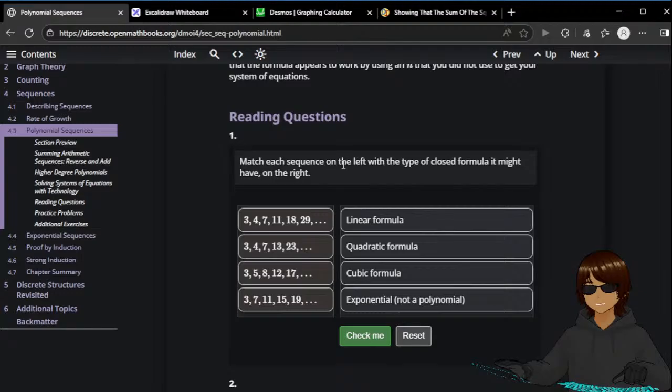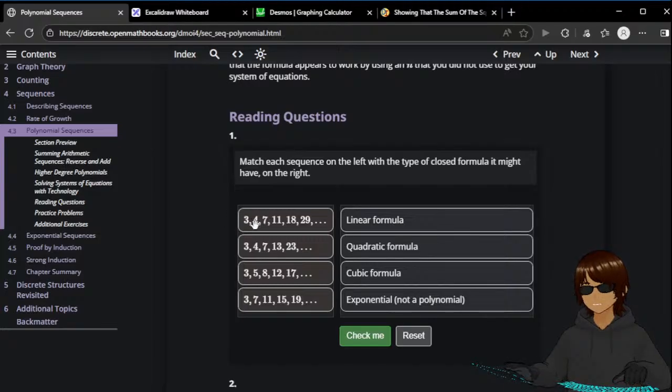Match each sequence on the left with the type of closed formula it might have. Okay, let's see. Quadratic, cubic, exponential, linear. 3 plus 1, 4, plus 3, 7, plus 4, 11, plus 7 is 18.